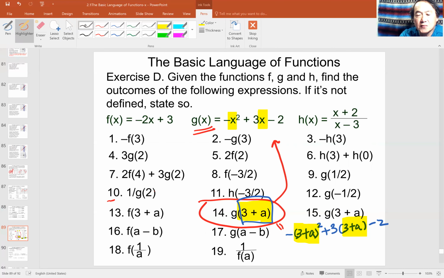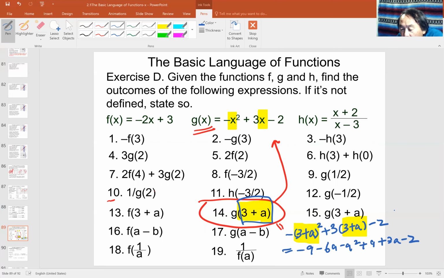These, of course, can be expanded, and this comes out like minus 6a minus a squared minus 9 plus 9 plus 3a minus 2. The 9 cancels. So it's equal to minus a squared minus 3a minus 2. Okay, I didn't make any mistakes.